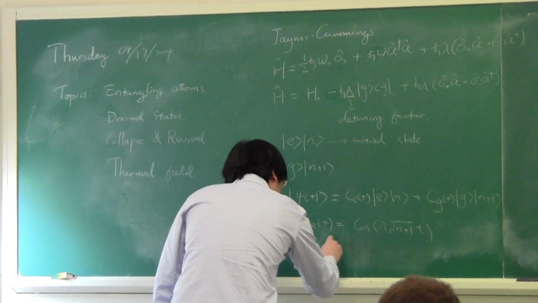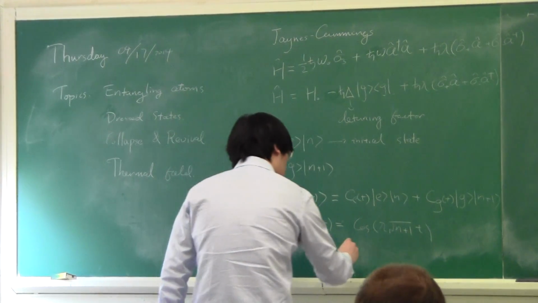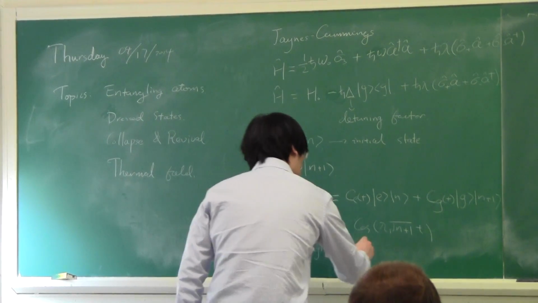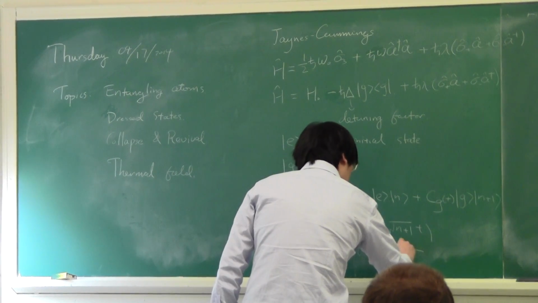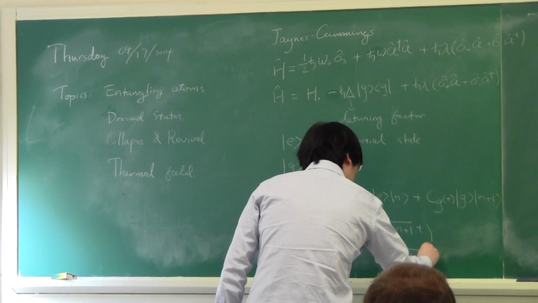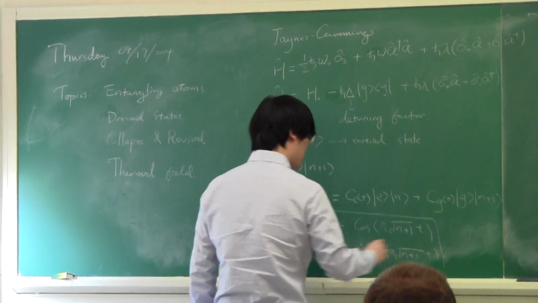And then by matching the initial conditions, this must be equal to minus i sine of lambda square root of n+1 t. So this was the solution.